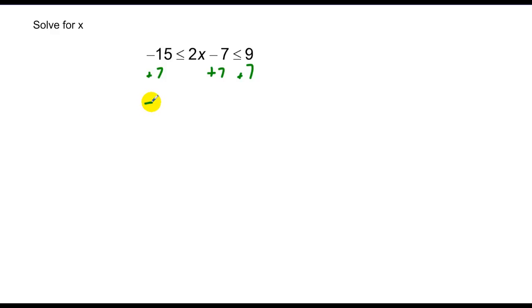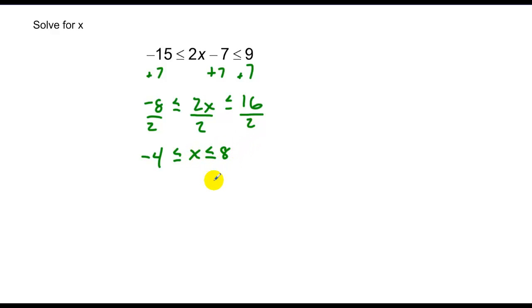Thus, I've got negative 8 less than or equal to 2x less than or equal to 16. Now again, I would divide by 2 to get x by itself, but I do it to all sides. Therefore, negative 4 less than or equal to x less than or equal to 8.